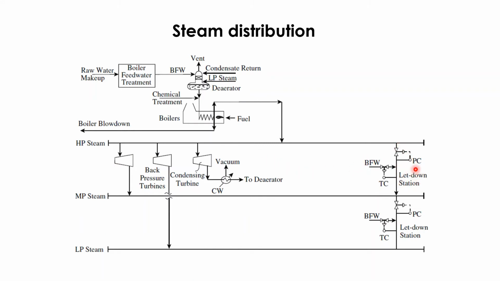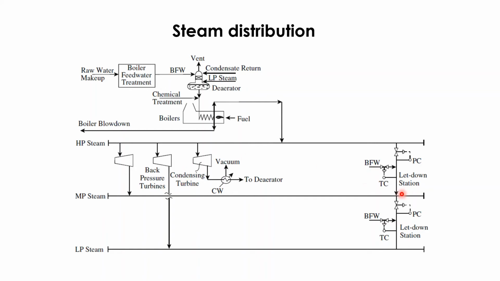This is a let down station, through a back pressure turbine to the medium pressure stream, and it can also go to the low pressure steam here using a back pressure turbine.